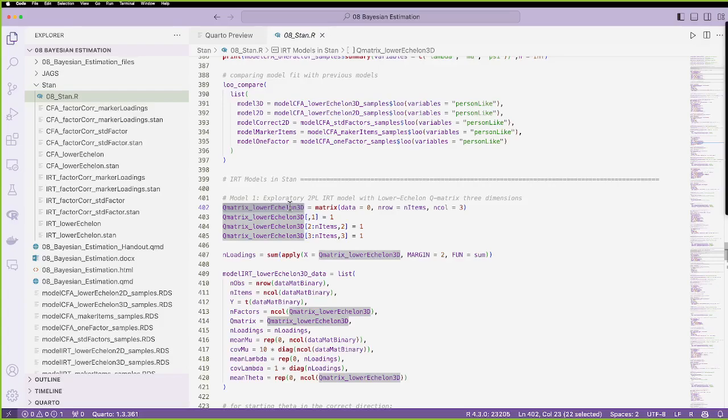But remember the idea, what Stan is doing is building a likelihood function. And what I told you about exploratory, there is no such thing as exploratory factor analysis, IRT, whatever, with a likelihood function. You have to make a series of constraints, in this case, the constraints provided by the lower echelon Q matrix. So it's exploratory through a confirmatory method is basically what I'm building here.